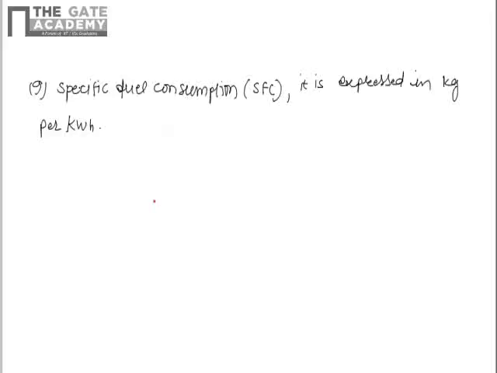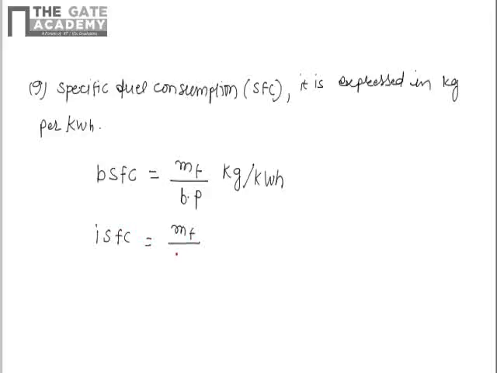On the basis of brake power and indicated power, we have brake specific fuel consumption, that is mass of the fuel divided by BP, in kilogram per kilowatt hour. On the basis of indicated power, ISFC, indicated specific fuel consumption, again mass of fuel by IP, in kilogram per kilowatt hour.